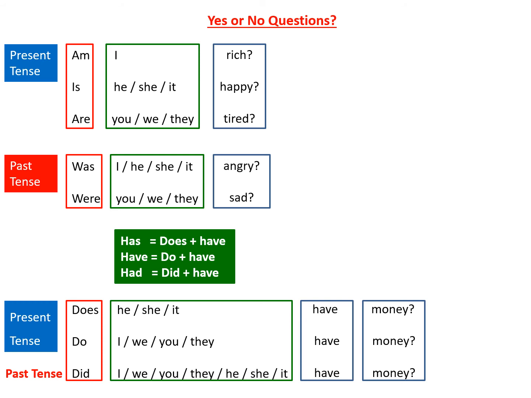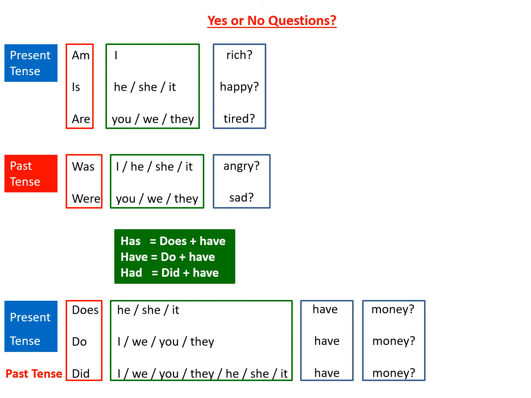Does he have money? Does she have money? Does it have money? In these examples, we have used pronouns in between does and have.